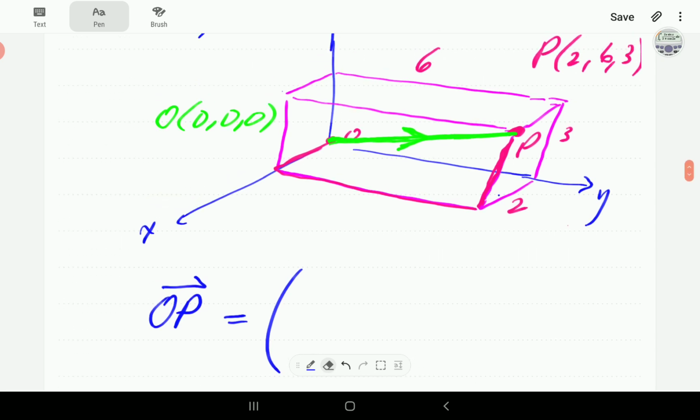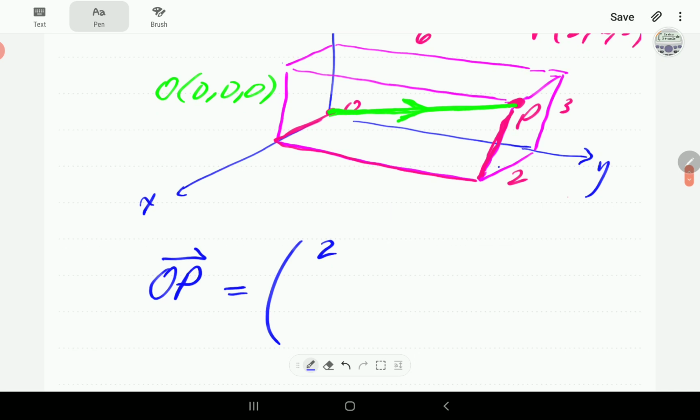In this case, we take the coordinates of P minus the coordinates of O. For the x coordinate, it's 2 minus 0, then 6 minus 0, then 3 minus 0.